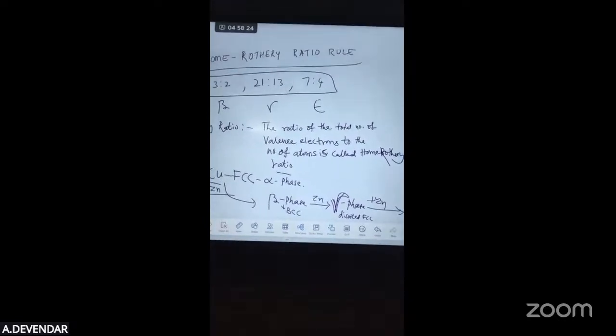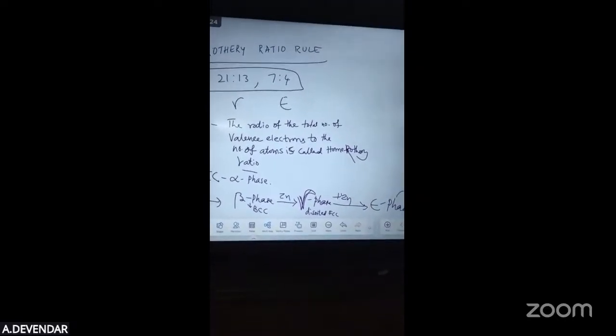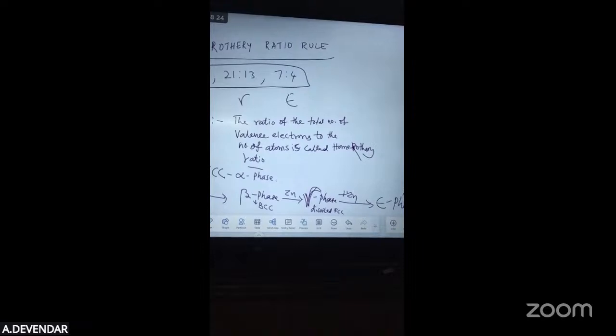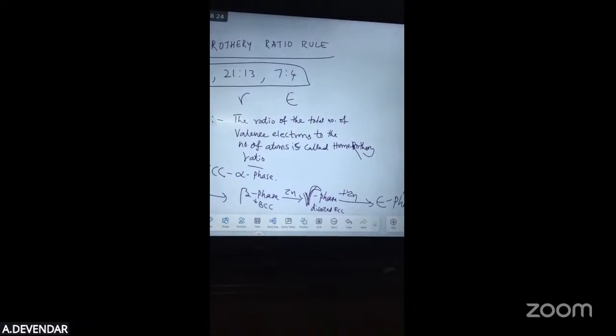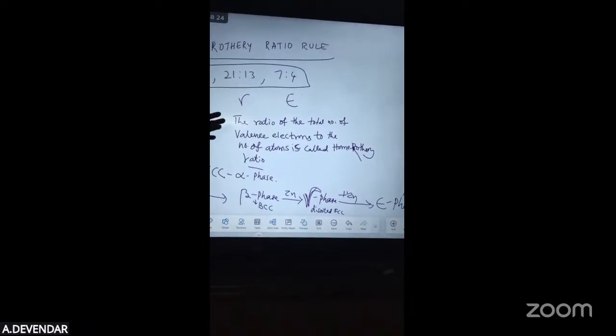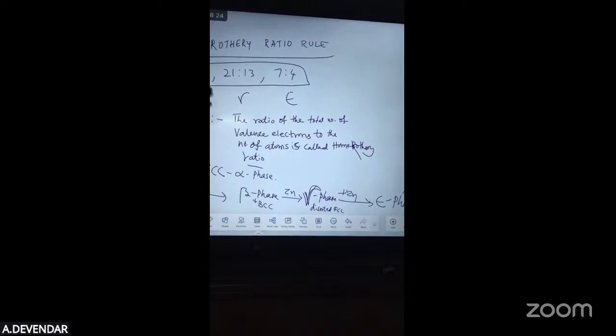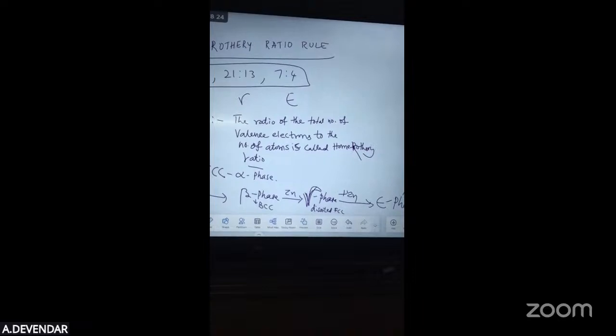This is called the Hume-Rothery ratio. The Hume-Rothery ratio is the ratio of the total number of valence electrons to the total number of atoms present in this particular alloy. First we take pure copper, which is face-centered cubic, the alpha phase.